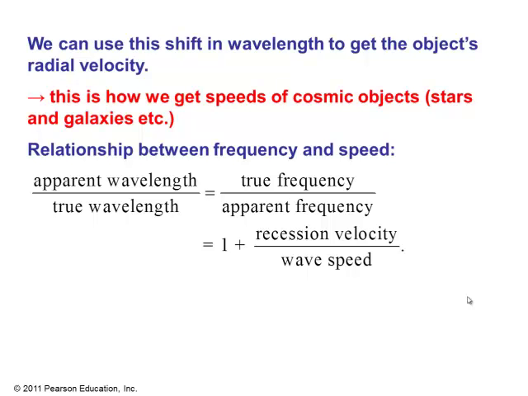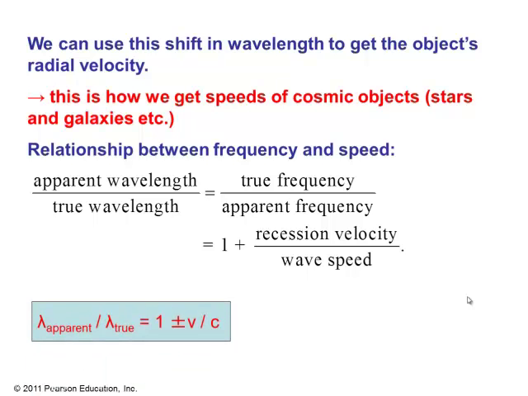And guess what that wave speed would be? Well, since we're talking about light, that would be the speed of light. So let's rewrite this formula in terms of symbols. So the apparent wavelength, apparent lambda, divided by true lambda is equal to 1 plus or minus v over c.